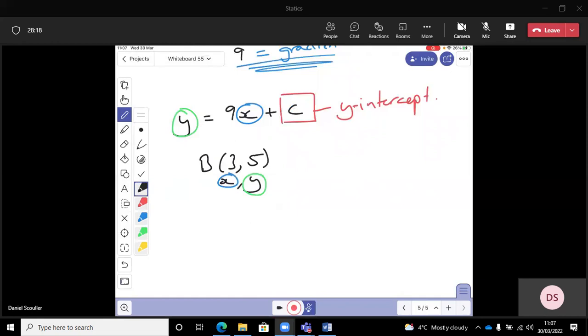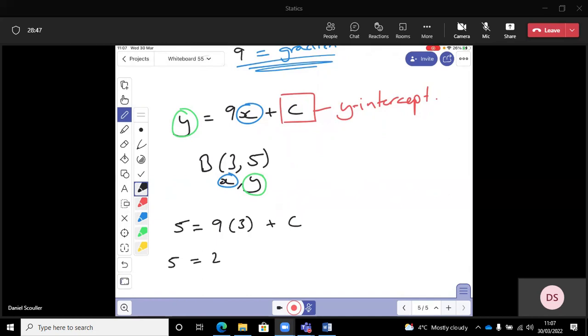So y is 5 equals 9 multiplied by 3 plus c. So we've substituted in those coordinates. So we've picked one of the points. That point has no negatives in it, so we can pick that one. Substitute it into that expression and then solve for c.